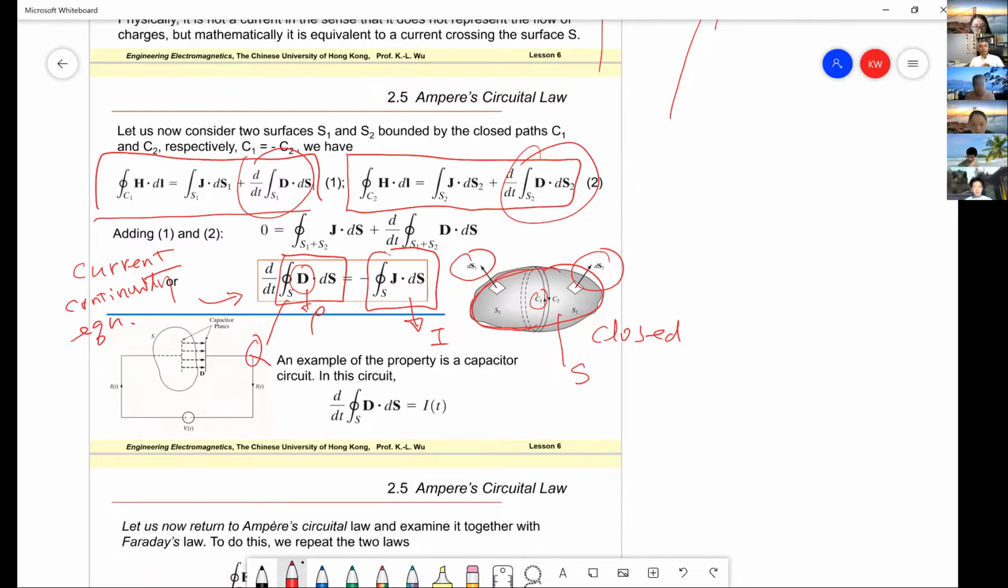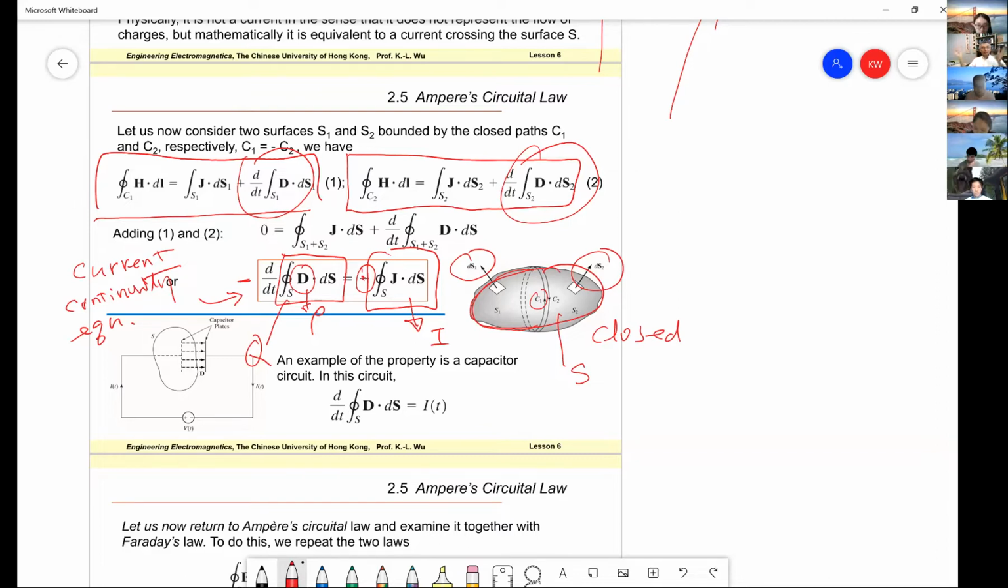If the total amount of charge decreases, that means the next time the total amount of charge is reduced. If I move this minus sign to this side, that means once the charge reduces with time, the current goes out. That creates current.